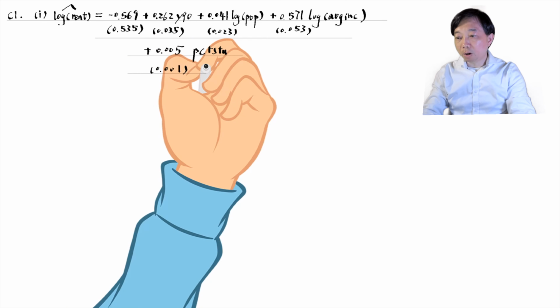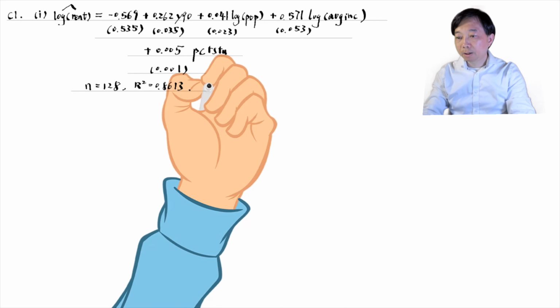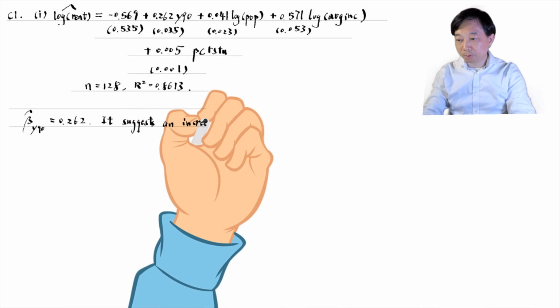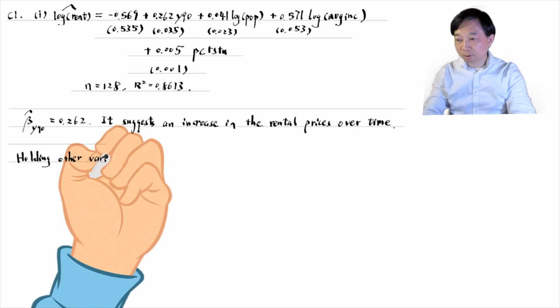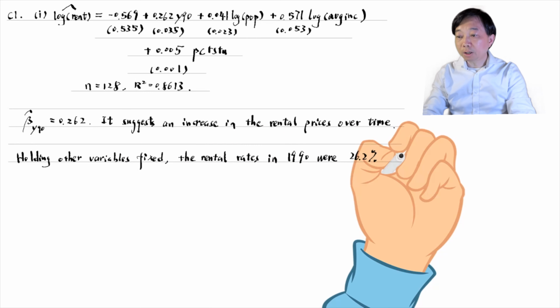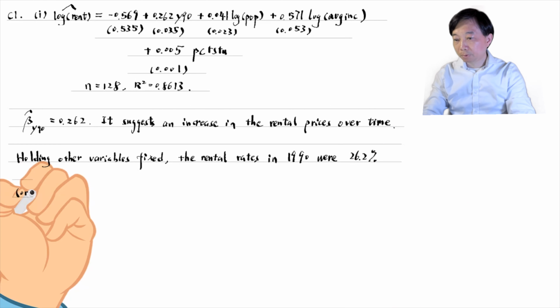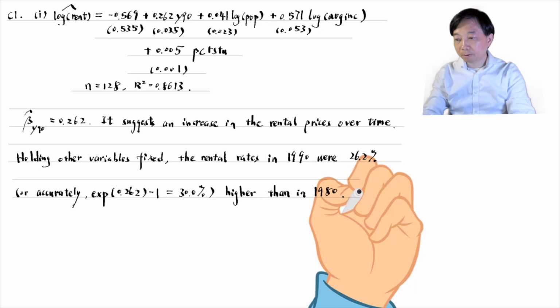The coefficient on the year dummy variable is 0.262. It suggests an increase in rental prices over time. Holding other variables in the model fixed, the rental rates in 1990 were 26.2%, or accurately 30% higher than in 1980.